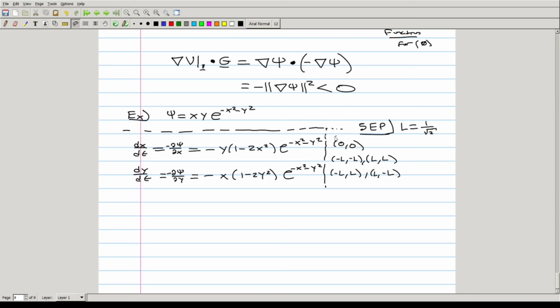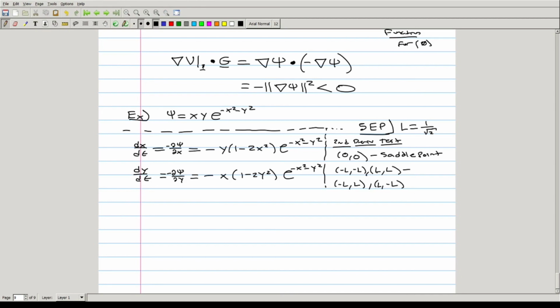Not only that, but using the second derivative test from multivariable calculus gives you a classification for each one of these points. 0, 0 ends up classifying as a saddle point of the function psi.